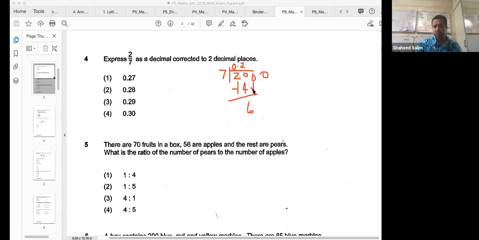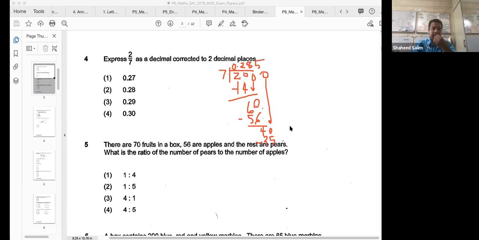Bring down the 0. 60. What times what equals 60 or less than 60? 56. 8 times 7, right? So now you put 8. You minus, you get 4. Bring down the next 0. 40. Well, cannot. 35. 35 down here, you get 5.